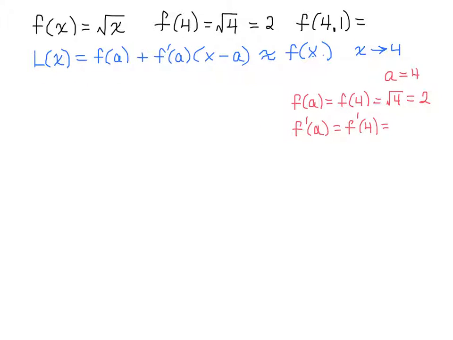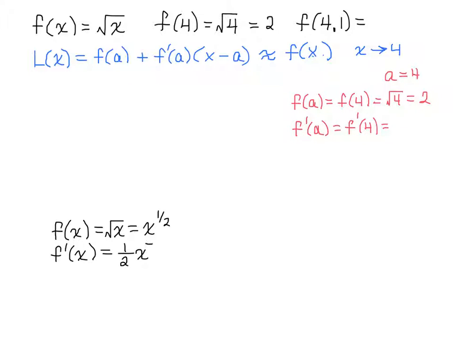So let's work that out. If I know that f of x is equal to the square root of x, that means that it's equal to x to the 1/2, correct? That means that f prime of x is equal to, we bring the 1/2 down, 1/2 times x to the 1/2 minus 1.